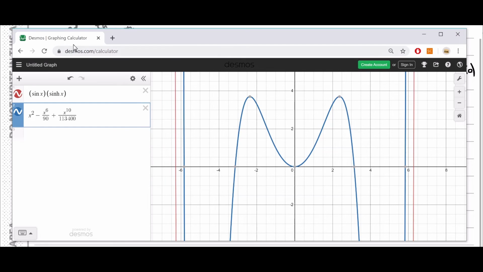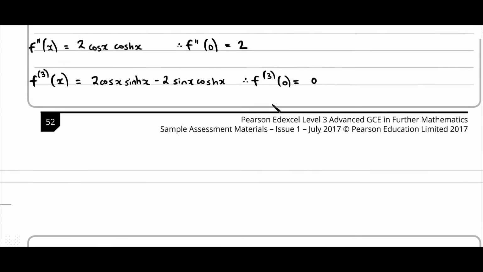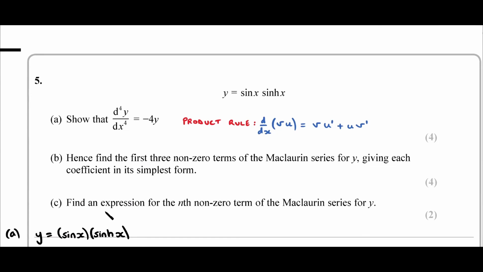And now for part C, we have to find an expression for the nth term. We have to find an expression for the nth non-zero term of the Maclaurin series for y.